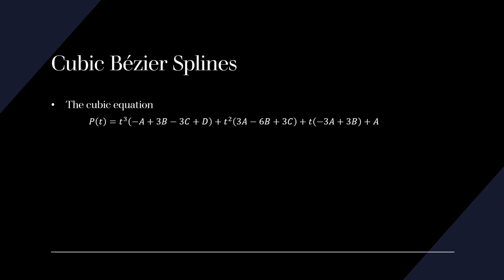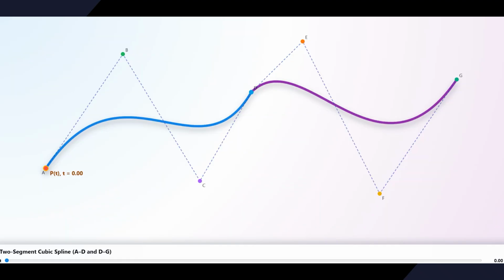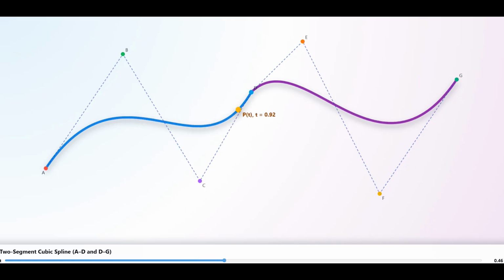If we show this in an example, we'll see how this works in practice. So as we can see, we have two cubic splines. Point D is shared. It's the end of the first cubic spline and the start of the second cubic spline. As we move T from 0 to 1, we move along the first spline. And as we move from 1 to 2, we move along the second spline.